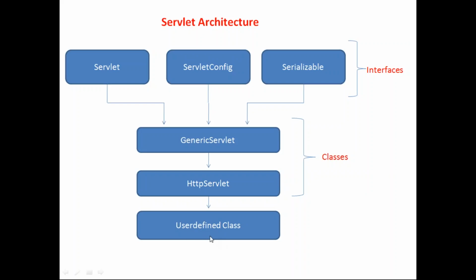So when we create our servlet code, our class must inherit the HTTP servlet class. Just like when we want to create a multi-threading program, we need to extend the thread class. In the same way, if you want to develop servlet code, then we need to inherit the HTTP servlet class.